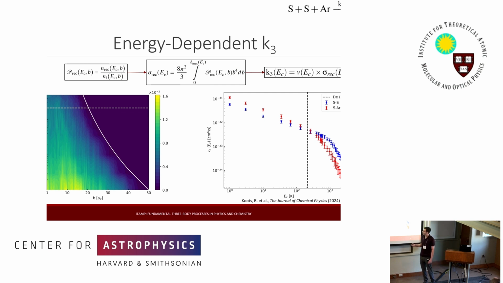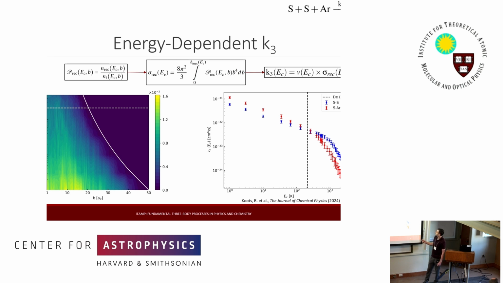And then this white line is just the dissociation energy, which dictates essentially the energetics, right? So we can take this opacity function, integrate under this curve, and calculate the recombination cross-section. And then we can take that, multiply it by the collisional velocities to calculate our energy-dependent recombination rate.